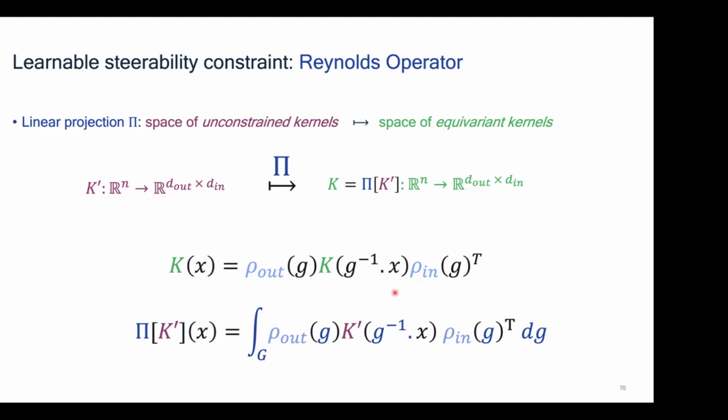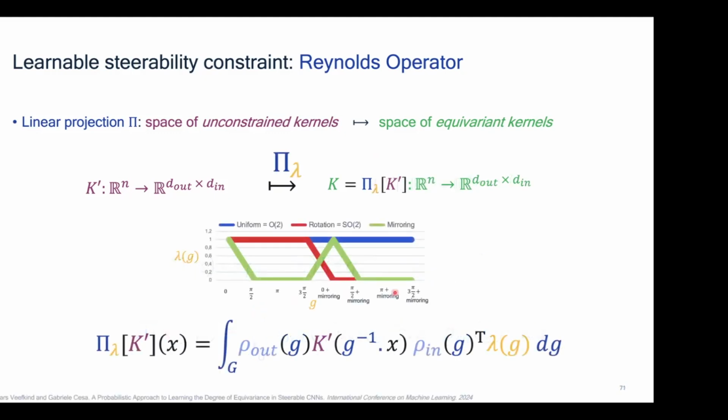right? So essentially what we do is, rather than integrating over the whole group as it is, we weight the integral by a learnable probability function. Now, if this function is supported only on a subgroup, this is going to be identical to the projection only on the subspace equivalent to that subgroup.